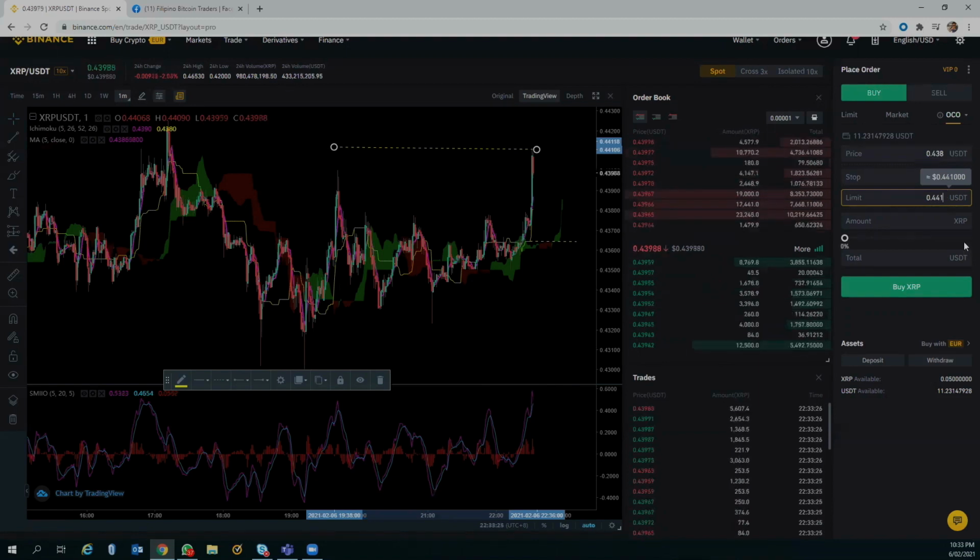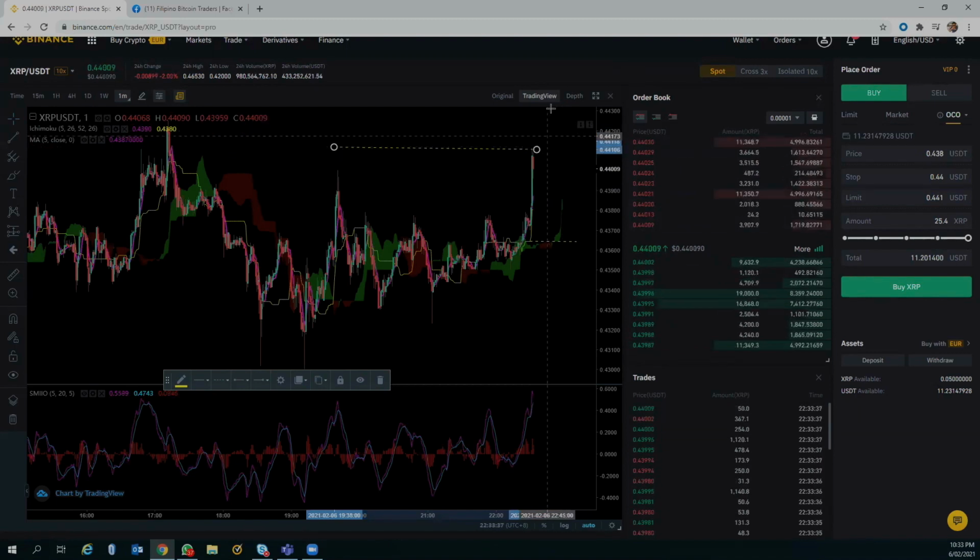Kasi pag lower, let's say 0.44 ang trigger mo, tapos kung minsan nilalagay mo lang sa 0.44, there's a tendency na hindi siya matitrigger kasi yung mga bilihan na sa above na eh. Tapos yung by the time nag-trigger, dyan ka lang din naglagay ng buy. So, hindi yan matitrigger. So, much better kung by the time na lumampas siya ng konti dyan, ang buy mo mas higher para make sure kang ma-trigger.